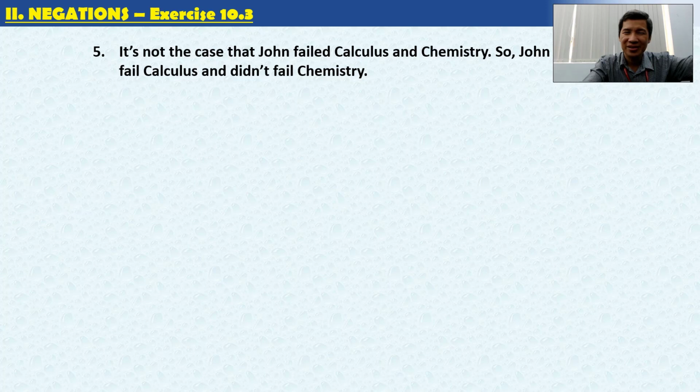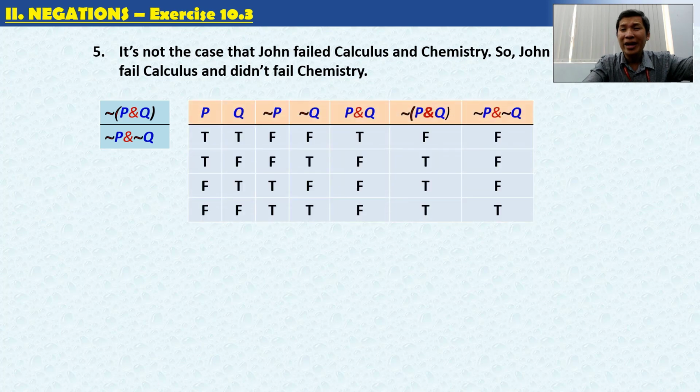Number 5. Not P, not the case P and Q, not P and not Q. Right? We may have different versions and words, but the symbolic form can be the same. It's the pattern of thinking, the pattern of logic. And we can use the same pattern in different places.